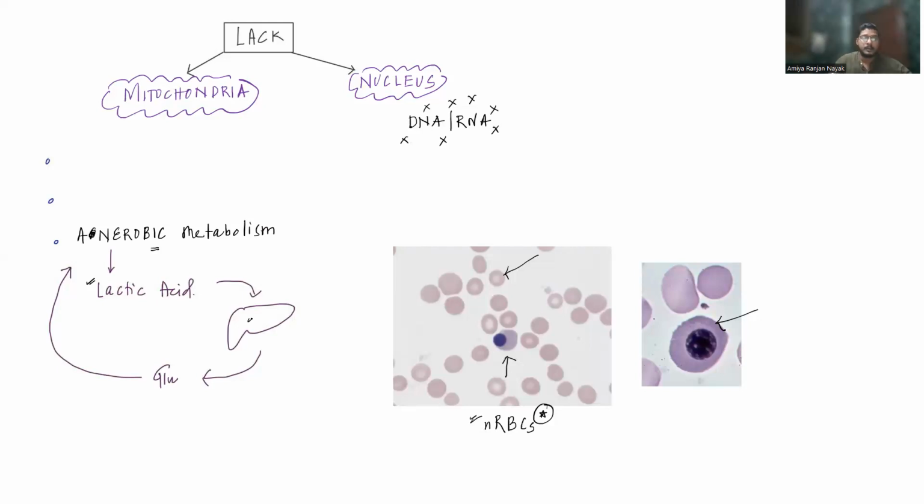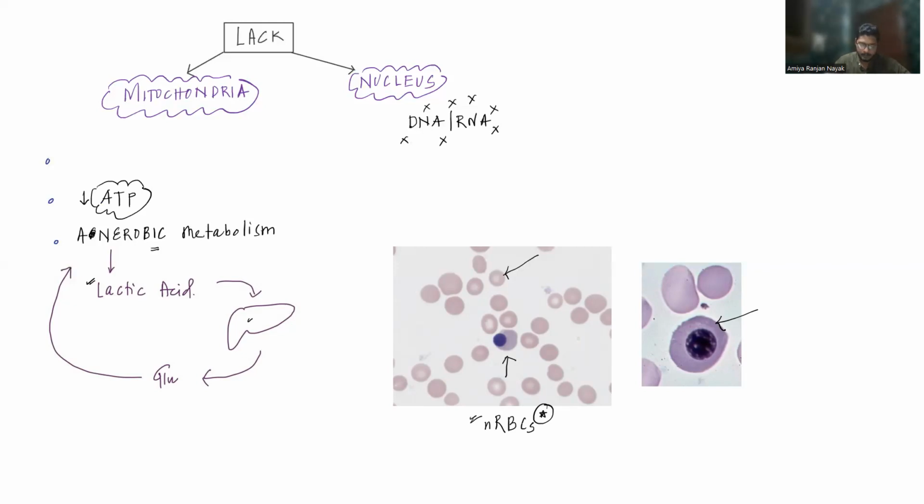So if mitochondria are not there, they can have only anaerobic metabolism, and the amount of ATP is very less inside the RBCs.